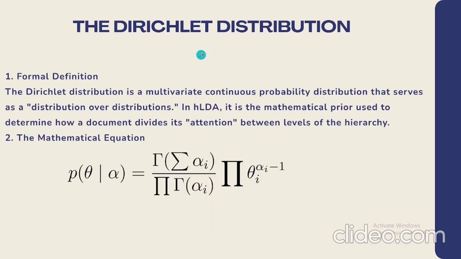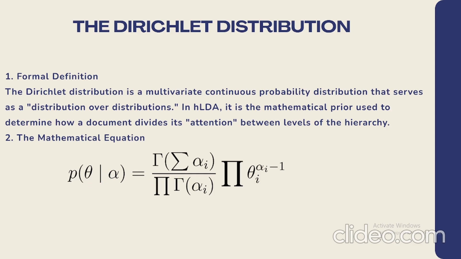Now moving ahead, we will study the Dirichlet distribution. The Dirichlet distribution is the mathematical heart of this model. It is often described as a distribution over distributions. In HLDA, we use it as a prior to determine how a document divides its attention across levels of the hierarchy. In the equation we can see here, theta i represents the topic weights.